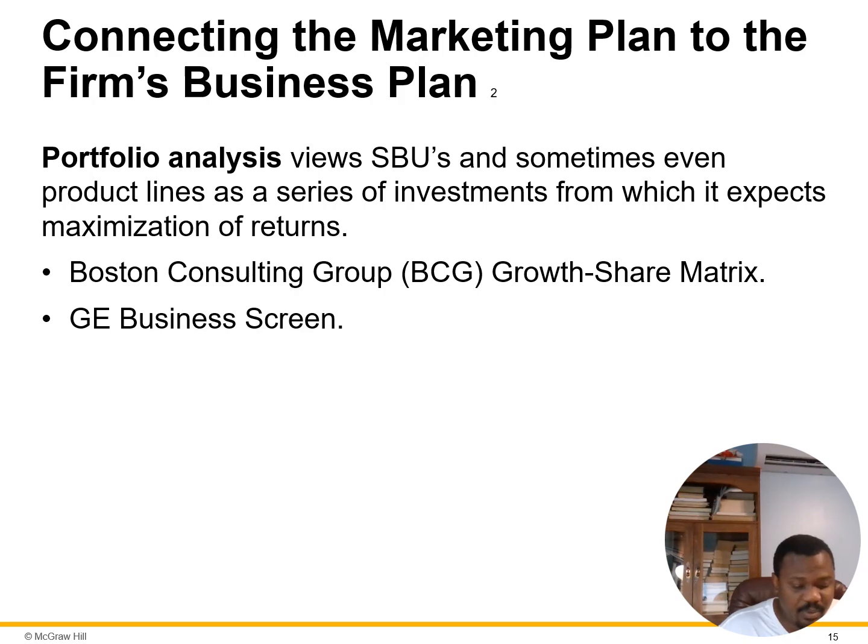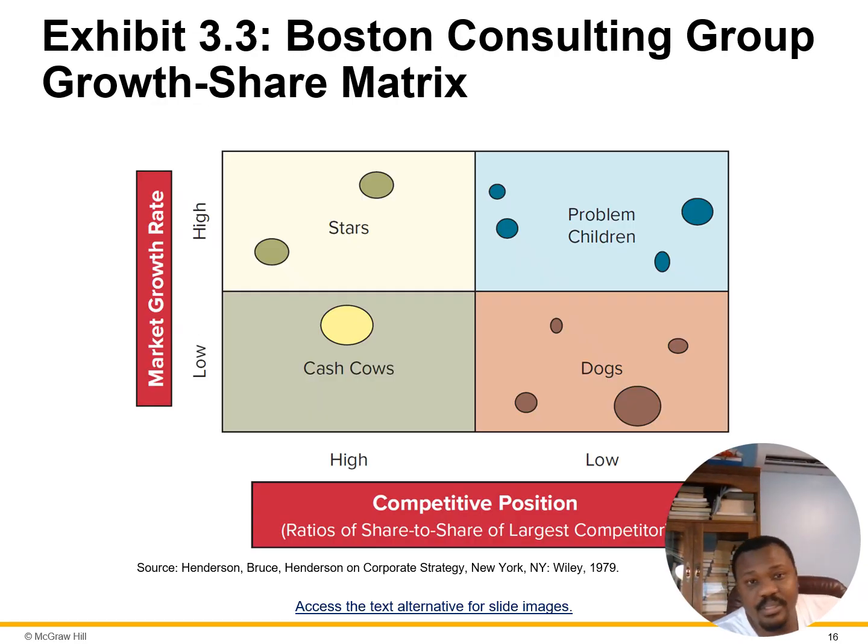Then we have the Boston Consulting Group growth share matrix. This is an example of a portfolio. You see the stars, the cash cows, the dogs, and the problem children.